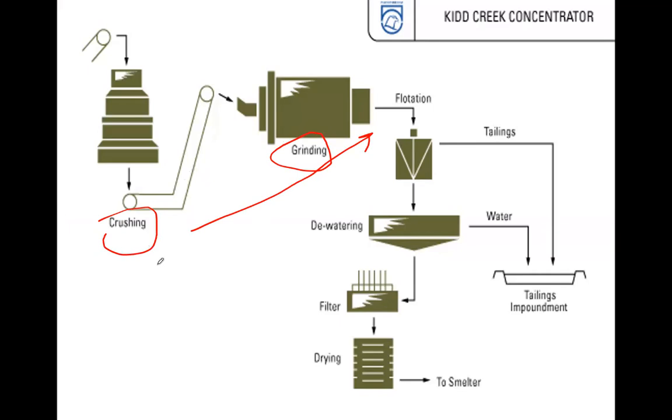And then if you are using a wet method, you can do flotation depending on the material that you are mining, right? If it is density separable, you can do a flotation method, so that heavier ones sink and tailings can be separated safely.